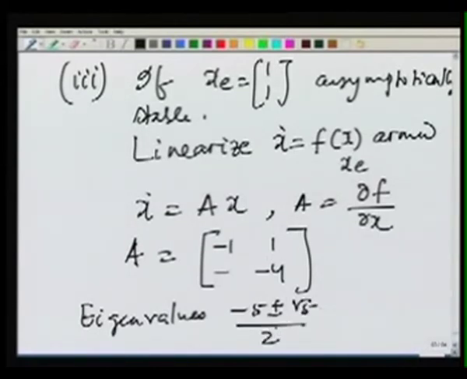So, you can check that both the eigenvalues have negative real part, hence it is asymptotically stable.